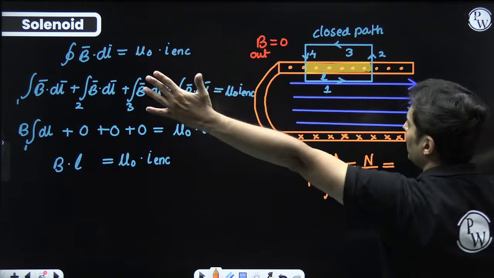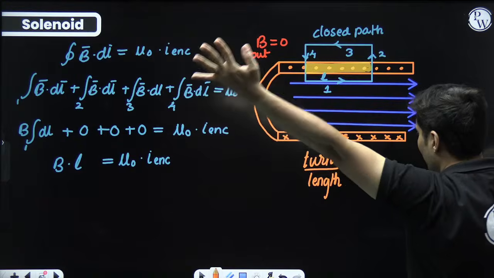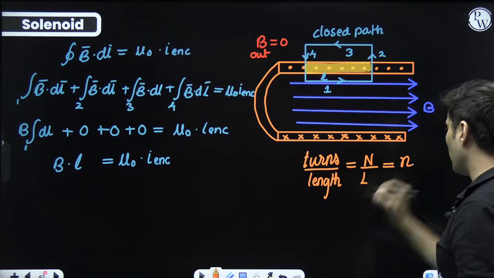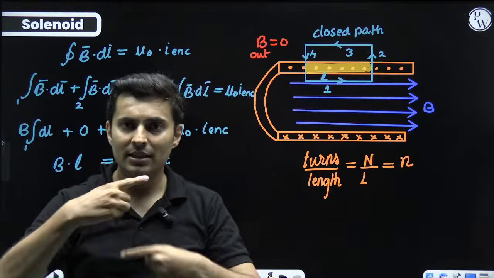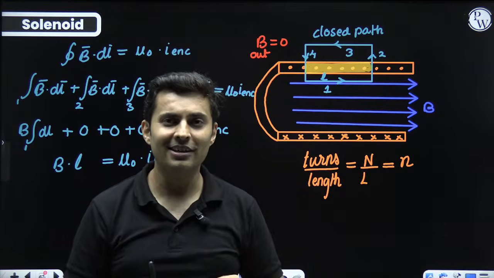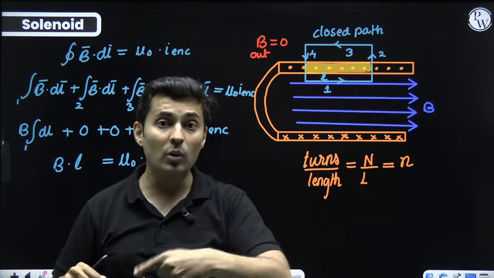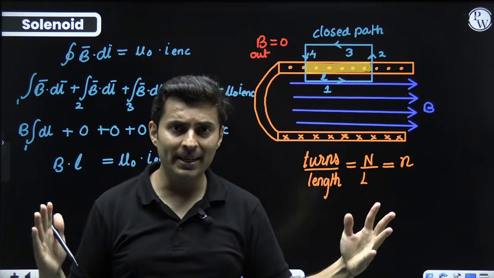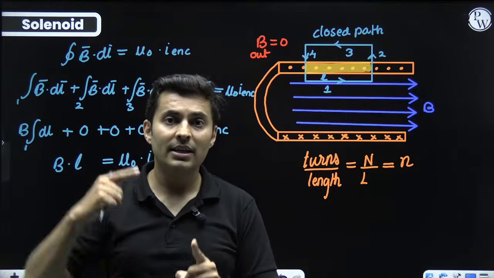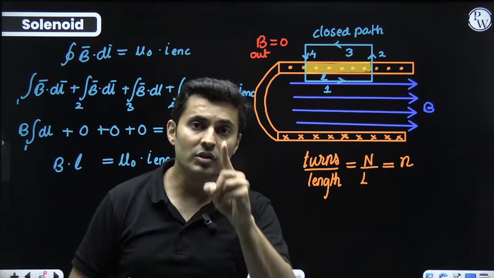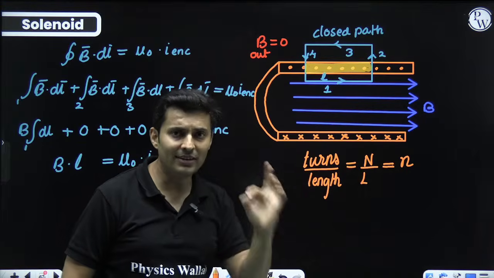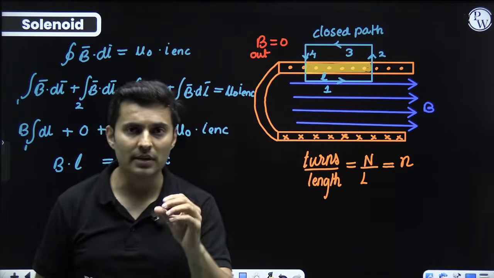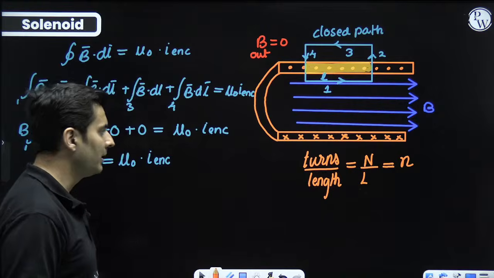Here total length could be anything, total turns could be anything, but that symbol I will call small n. Small n is how many turns, or windings, there are per meter. If I have a solenoid with 1000 turns in 2 meters, that means per meter it has 500 turns. So small n will be 1000 by 2, which is 500 turns per unit length, per meter.